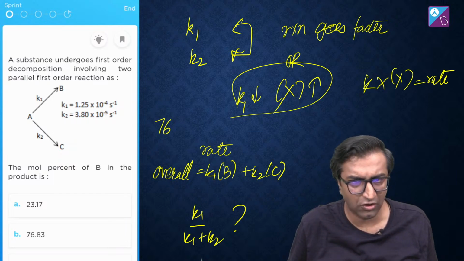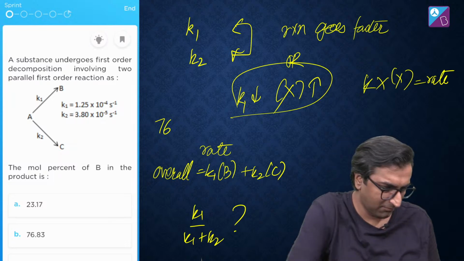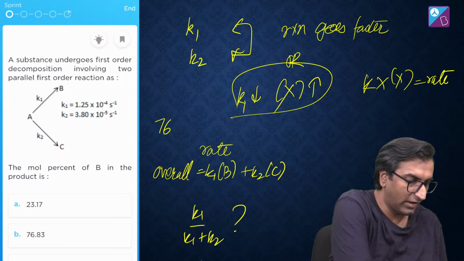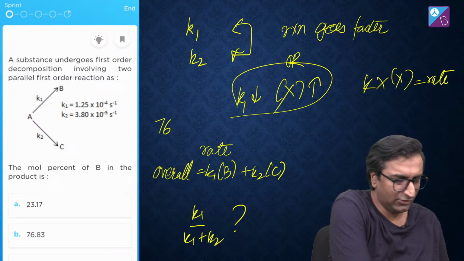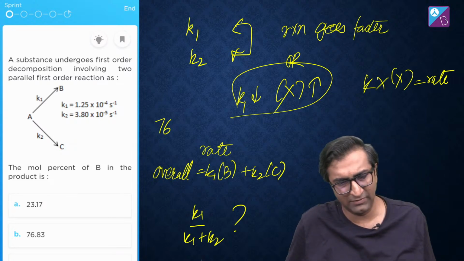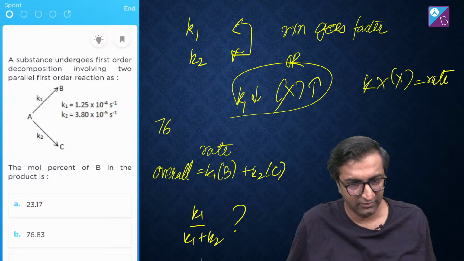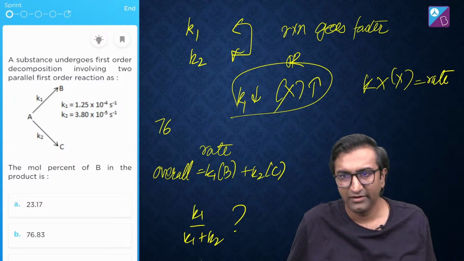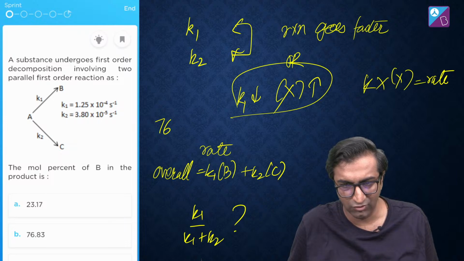Let me see if there's a Byju's.com option on this too. I looked at a particular site that I like. I'm pretty sure the Byju's site will also have why this is. What is the derivation of this? I told you it's not in the syllabus, but we're just doing it for fun. I'm not sure if this is there. It should be there. Anyway, what I found easily I've given to you, right?